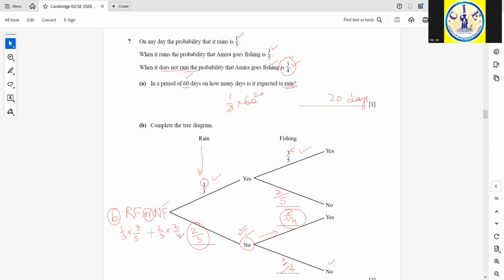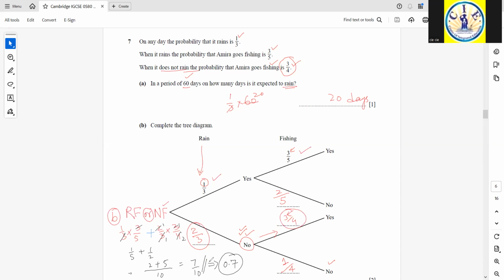So this is it. Now we can simplify it. 3's cancel, 1's are, and then 2 1's are, then 2 2's are. So 1 by 5 plus 1 by 2, that is, with 10 as common denominator, 7 by 10, that gives 0.7.